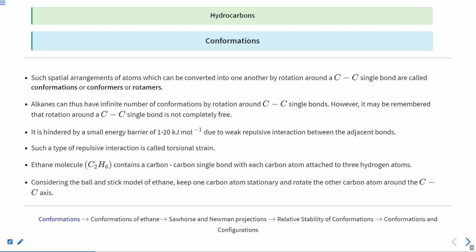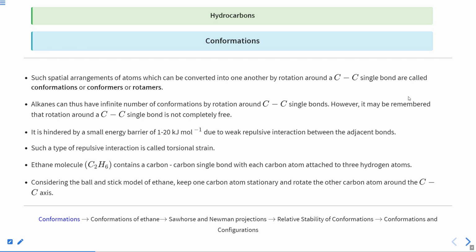Now, this spatial arrangement, due to the different positions of atoms around the rotation of the carbon-carbon single bond, is called conformation.